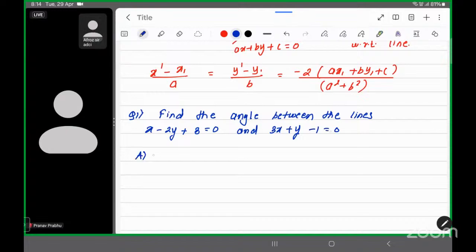Option A 30, option B 45, option C 60, and option D 75.